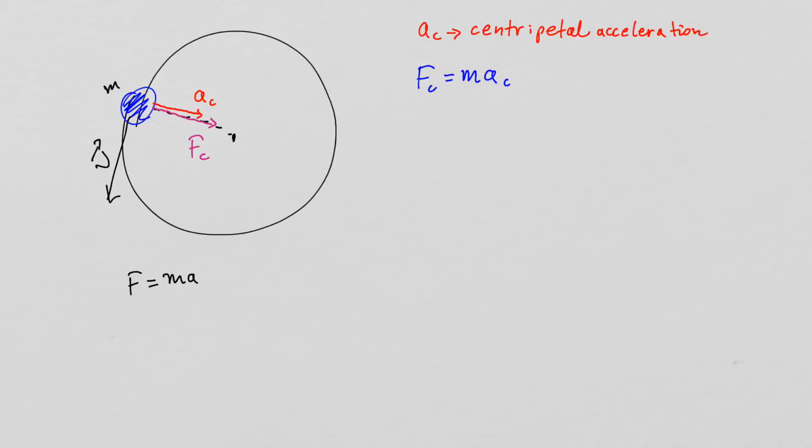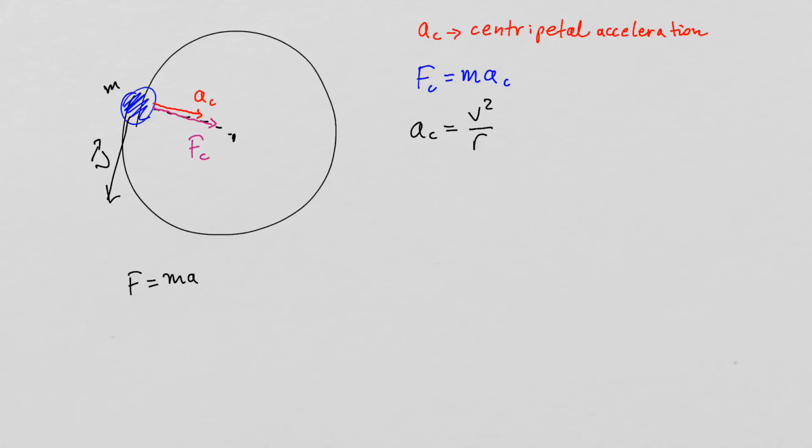And so without doing the derivation, which is beyond the scope of this book, it turns out that the centripetal acceleration a sub c is equal to the square of the speed of motion divided by the radius of the circular trajectory.